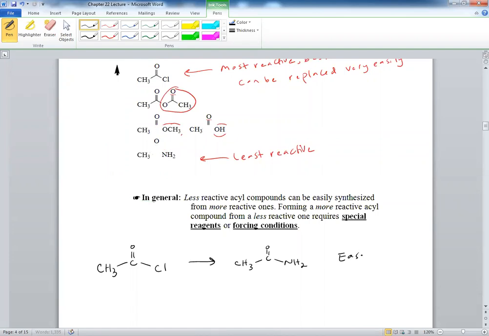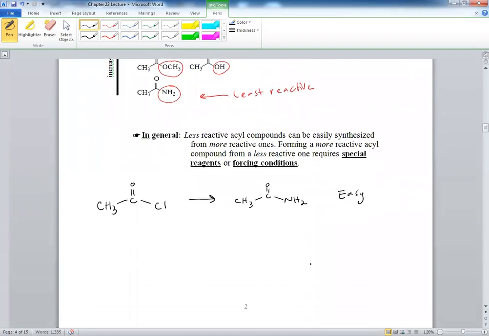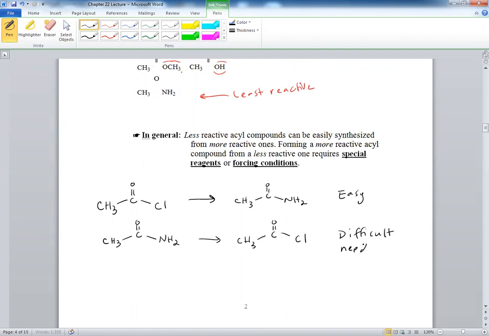Easy. But if you want to go the other way around, difficult, you need the special reagents, or we're just going to say special conditions.